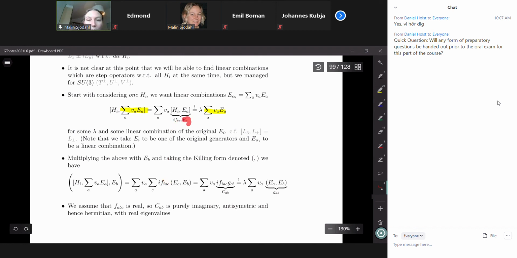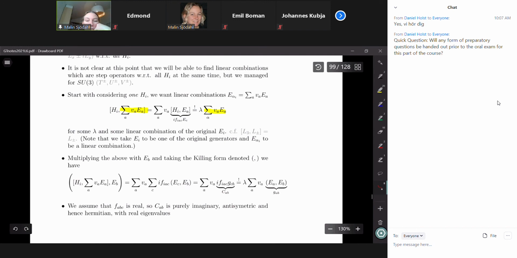The structure that remains is the EC, so it is only the EC that must stand together with the trace, or in the Killing form with EB. The other constants I can clearly pull out. Then this here was G_CB, because this was the Cartan metric.